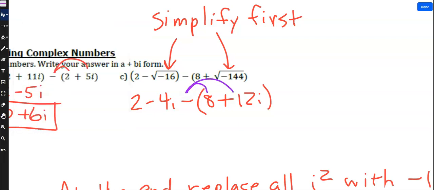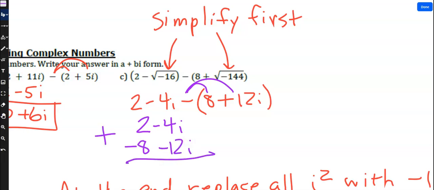Distribute the negative 1, and then change it to addition. And so I get negative 6 and a minus 16i, and that's the answer to my question. Negative 6 minus 16i.